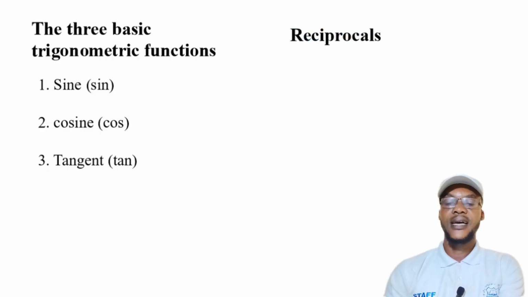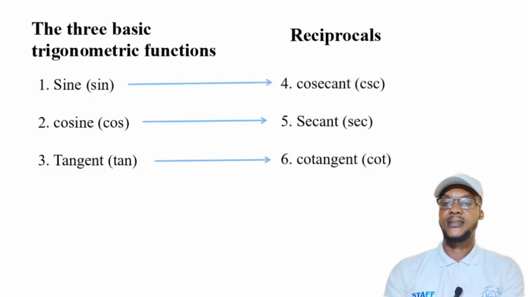Then after the basic three, we have their reciprocals. So it is from these three basic ratios, or trigonometric functions, that we get their reciprocals. If you take sine, what is its reciprocal? Then we have the cosecant.